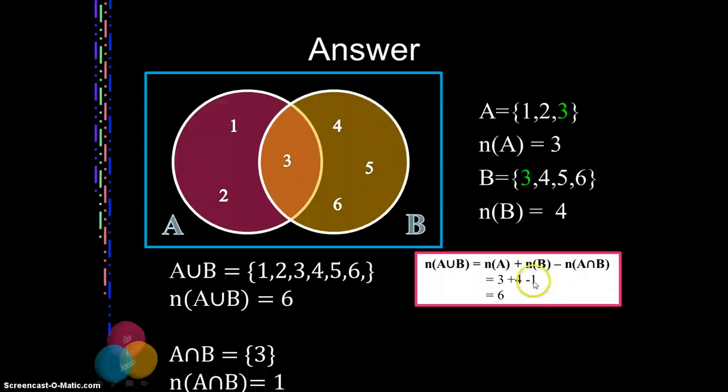So we can solve for the cardinality of the union of sets A and B. We have 3 plus 4, 7, minus 1, that is 6. So same with this equation.